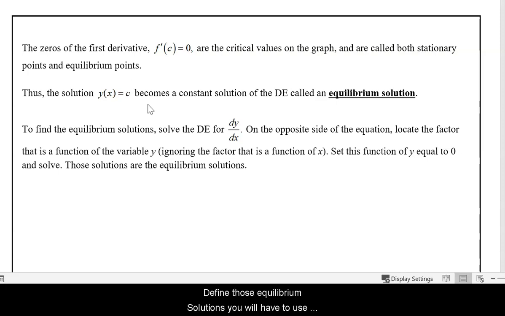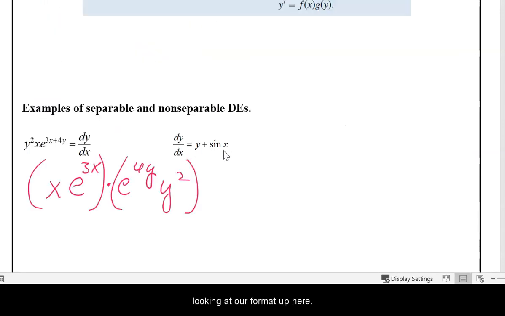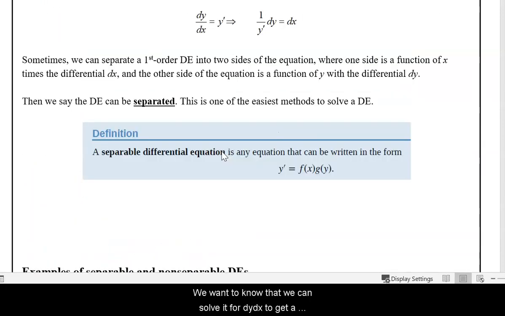To find those equilibrium solutions, you'll have to use a different technique. You cannot use the techniques that we learn to find the general ones. To find an equilibrium solution, you solve the differential equation for dy dx. This is okay because remember, when we're looking at our format up here, we want to know that we can solve it for dy dx to get a function of x multiplied by a function of y.